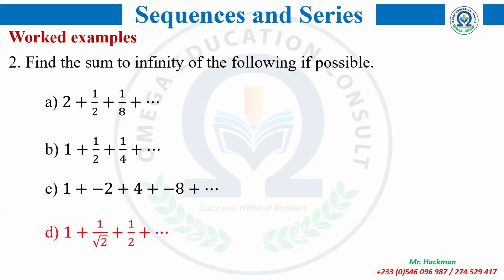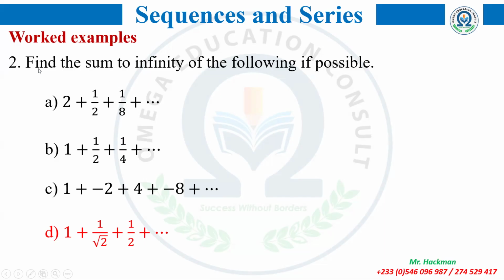Like I told you this morning, every series contains a sequence, and every sequence can have its series. So take note of that. So you are asked to find the sum of this series. And it's a sum to infinity because the series that you have here is an infinite series.